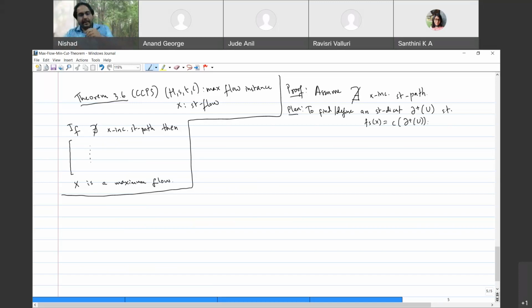If we can find or define such a dicut using some idea, then for sure we know that we can't get a better flow than the capacity of this cut, and therefore this is the maximum flow. Okay.